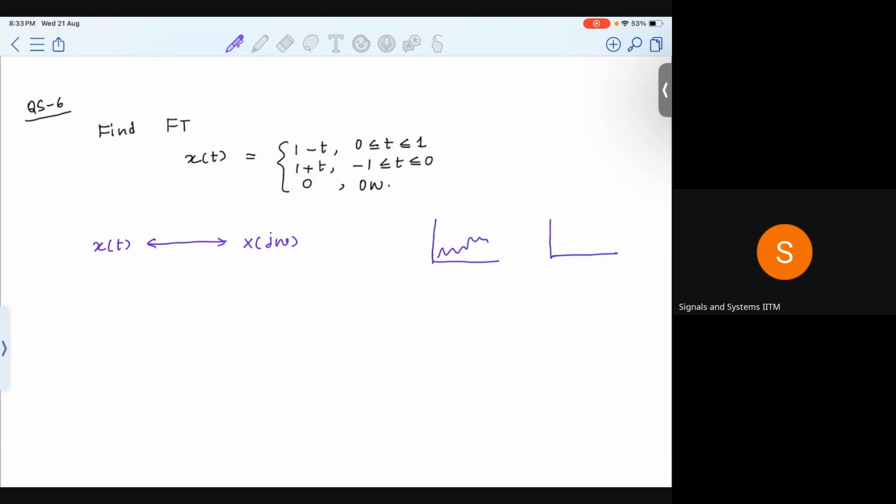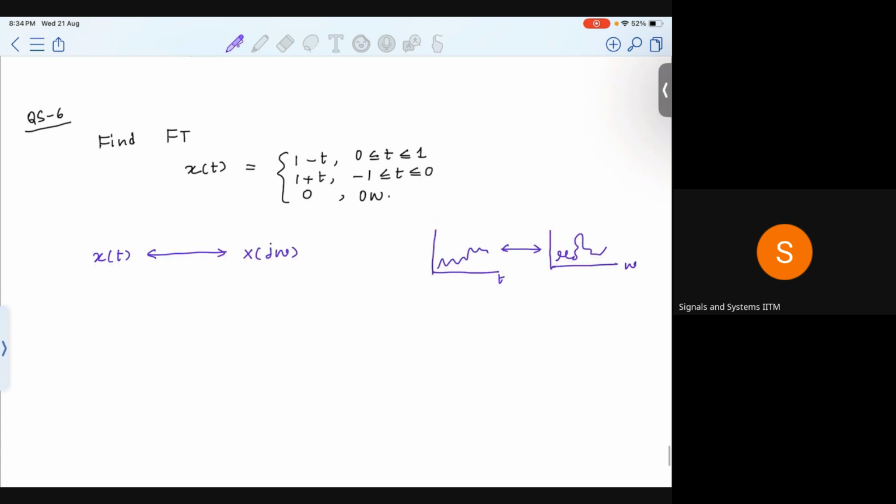There's another space, frequency, and the same signal looks different in the frequency axis, and these two representations are equivalent. If a signal looks like this in the time axis, it looks exactly like this on the frequency axis, and if the signal is like that in the frequency axis, then it looks like this in the time axis.